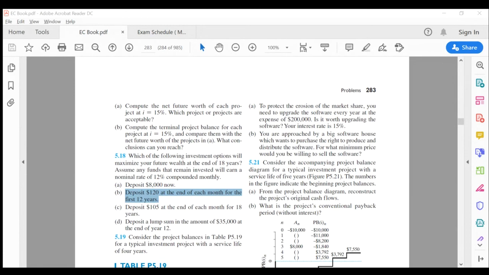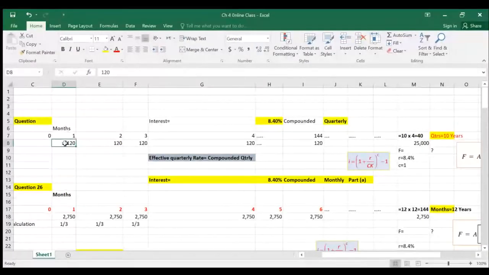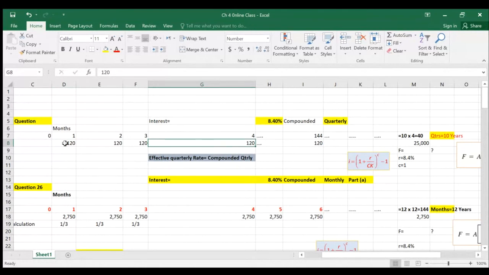Let me share my screen with you to show what I'm doing. Now if you look at this question, you deposit 120, 120, 120 for how many months?